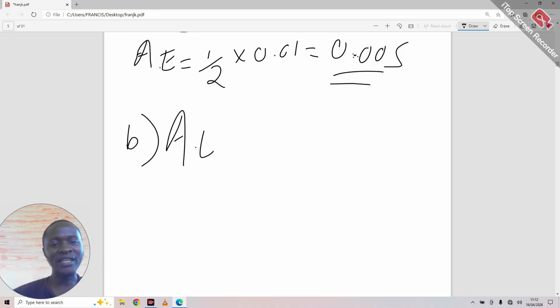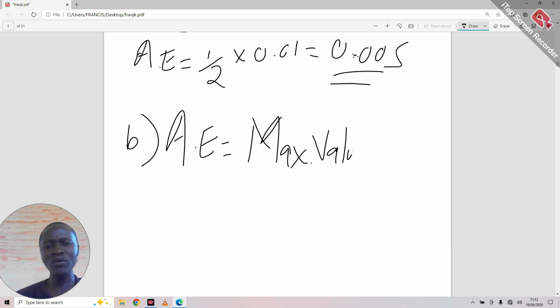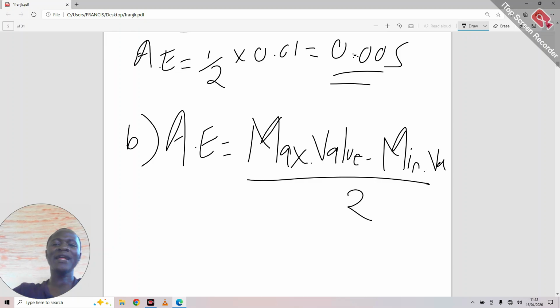Absolute error is given by the formula maximum value minus minimum value divided by 2. This one, you must have it in your mind. Now, where is this applicable? This is applicable for general numbers, for combined numbers.